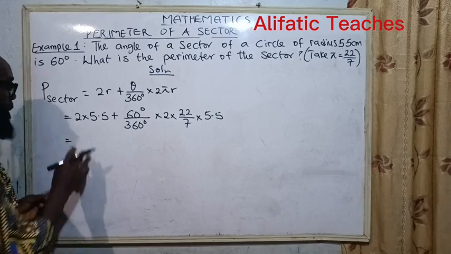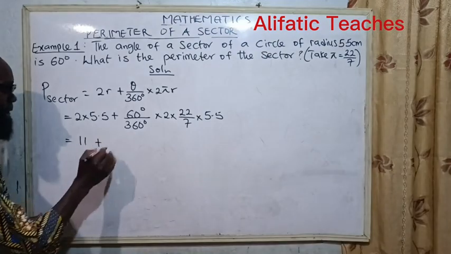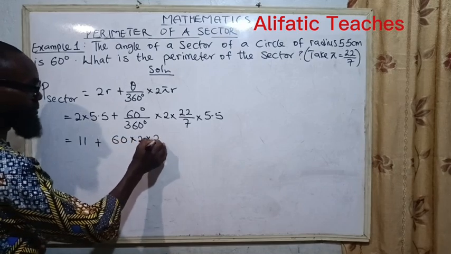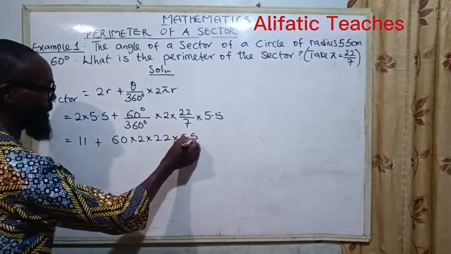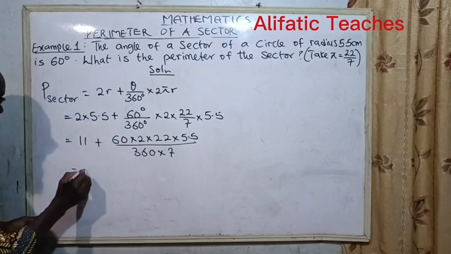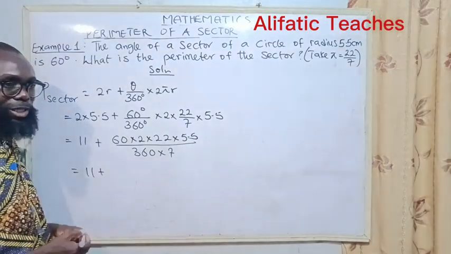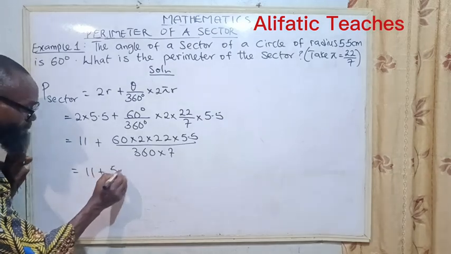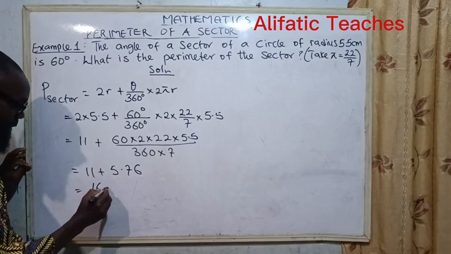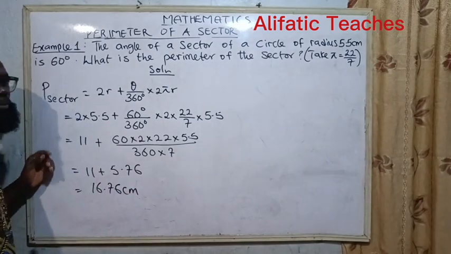When you multiply this, we have 11 plus, multiply the numerator here, 60 times 2 times 22 times 5.5, divided by 360 times 7. So let us multiply the numerator and then divide it by the denominator. We have 5.76. So when you sum it up, we have 16.76 centimeters, since perimeter is going to be in centimeters.